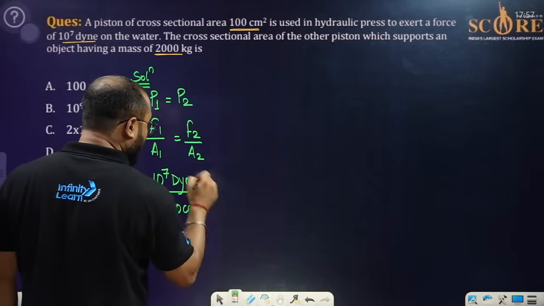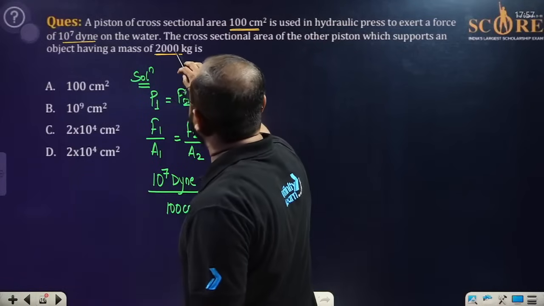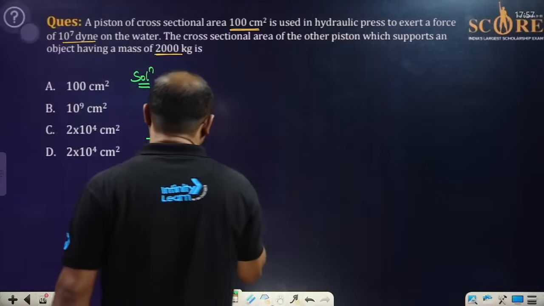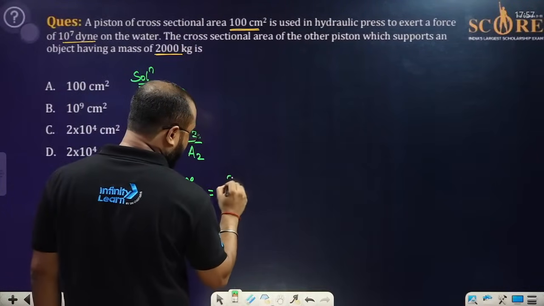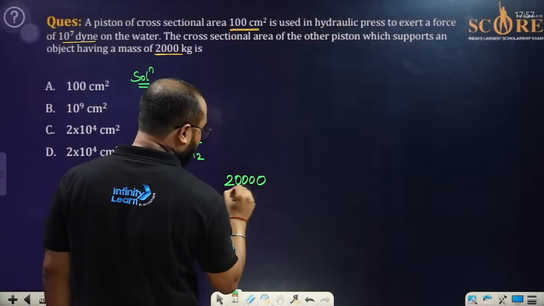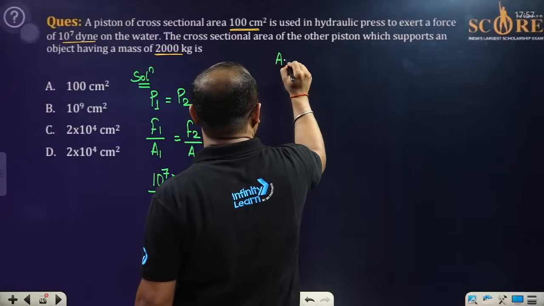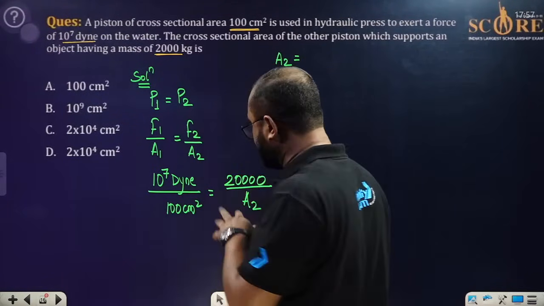When we talk about F2, mass is given to you and we have to multiply it by g. Let us take it as 10. It is going to be 4 zeros divided by the area of cross section, that is A2. We are interested in finding the value of A2, but there is a problem.